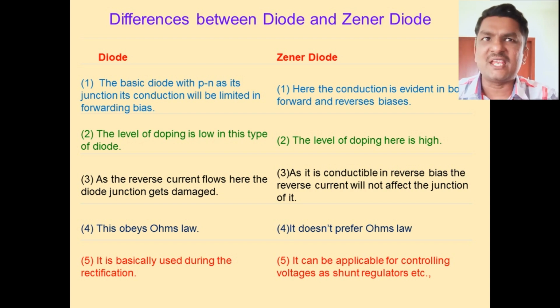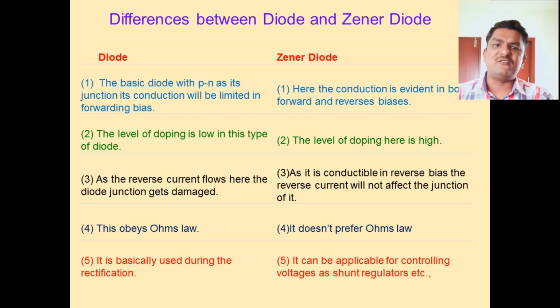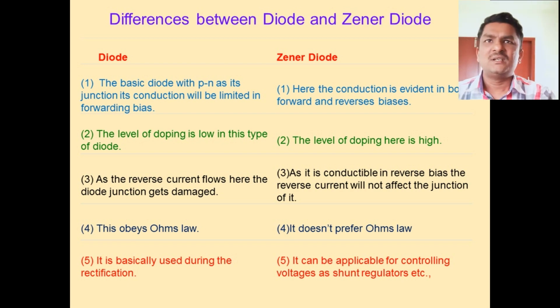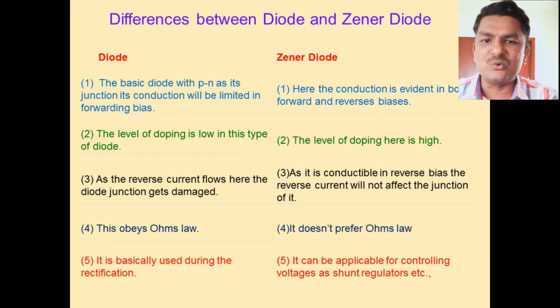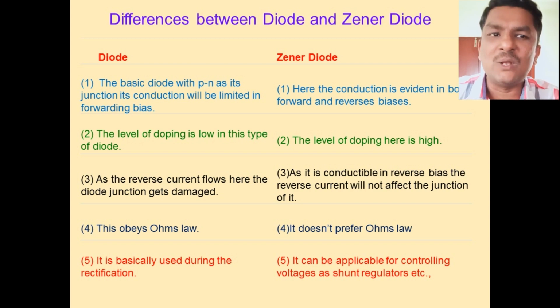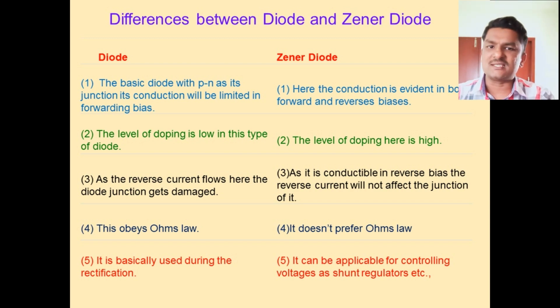The basic diode is limited to forward biasing, and conduction is evident in both forward and reverse bias conditions in the case of a Zener diode. Ordinary diodes can be used in rectifiers, and Zener diodes are especially useful in controlling voltages, as shunt regulators and voltage regulators.